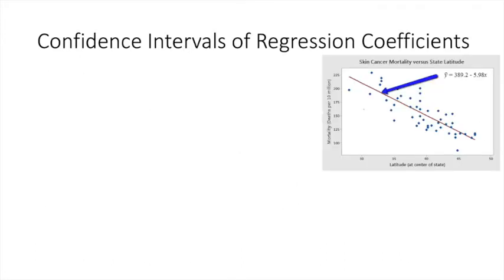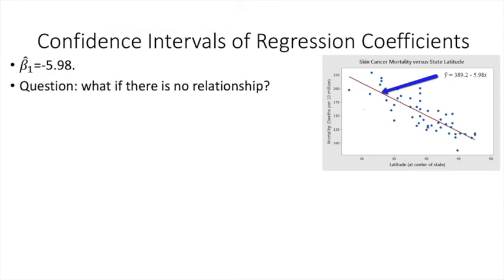Now, much like we conducted the hypothesis test for the correlation in our last lecture, we can also conduct a hypothesis test for our parameter estimates in regression. So consider this plot here that generates a slope estimate of minus 5.98. But we can question whether this estimate represents a statistically significant relationship that we can confirm via a hypothesis test.